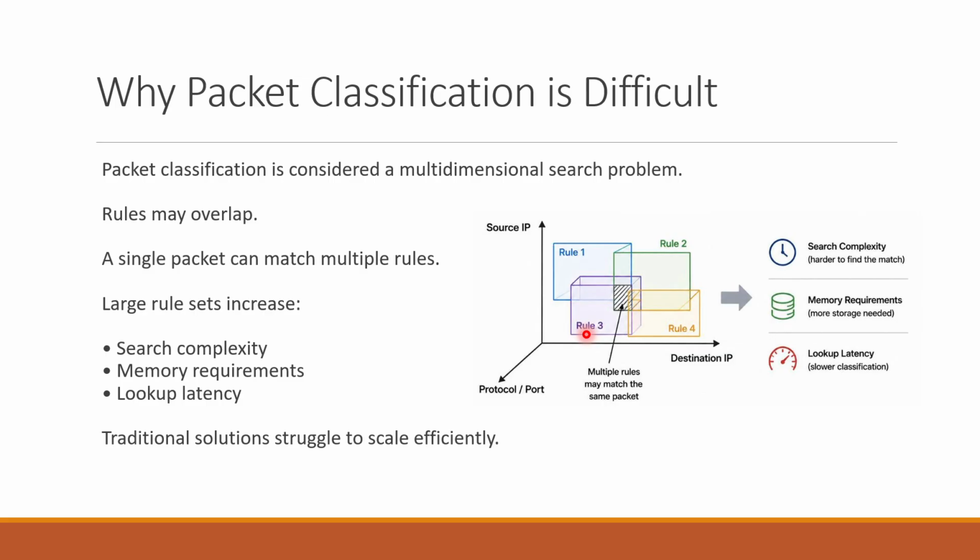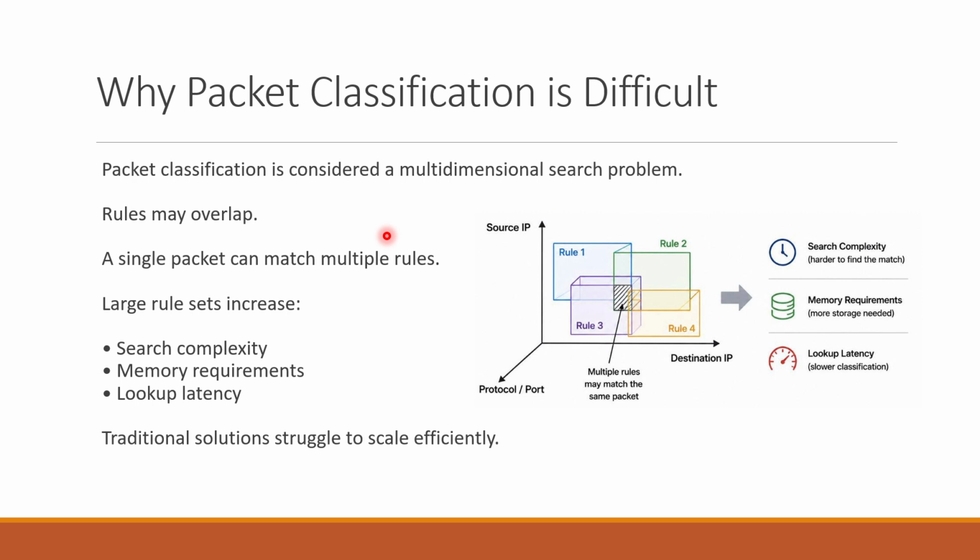Logically, when anybody classifies any items, they will find some problems and see that it is not so easy. That means it is difficult, and now we need to understand why packet classification is difficult.